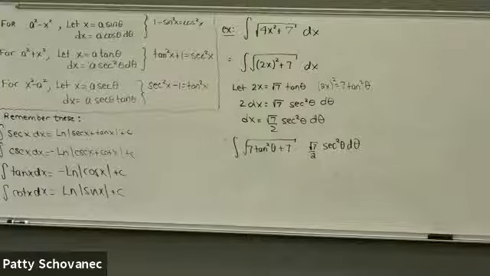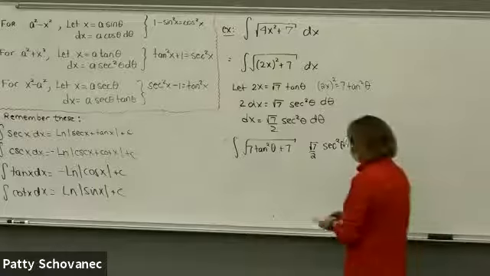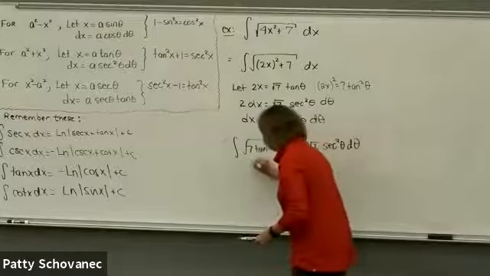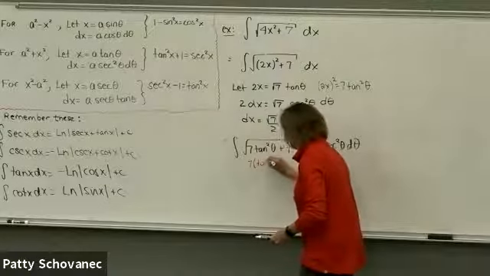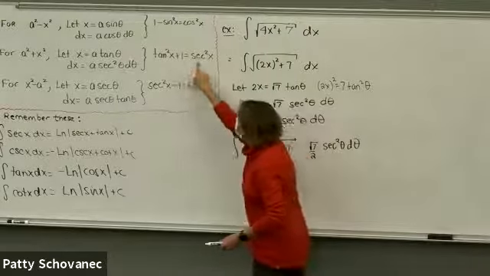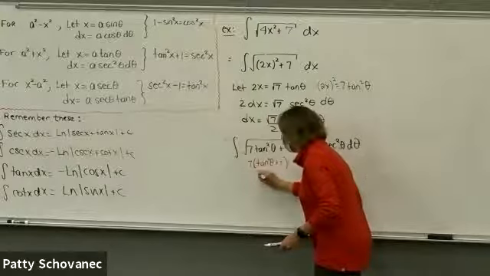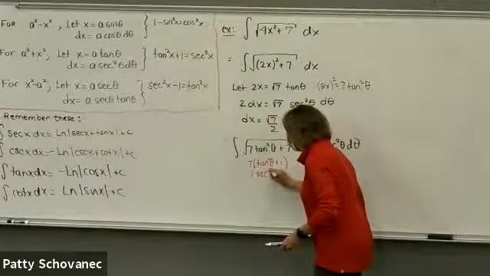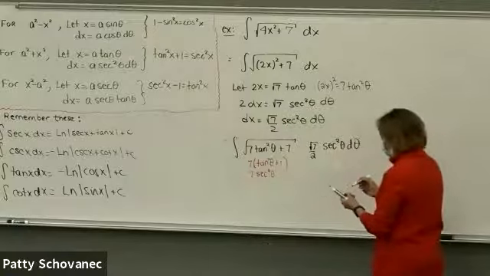So next we manipulate the expression under the radical sign. Factor the 7, and you'll have 7 times tan squared plus 1. But again, tan squared theta plus 1 is a secant squared. So under the radical sign, we're going to have a 7 secant squared of theta.